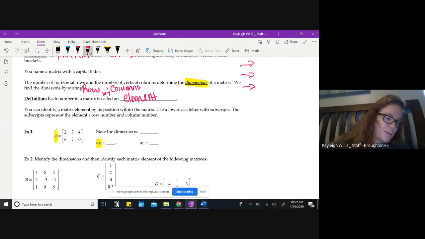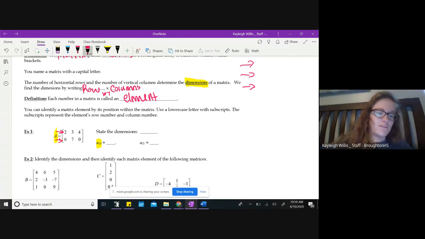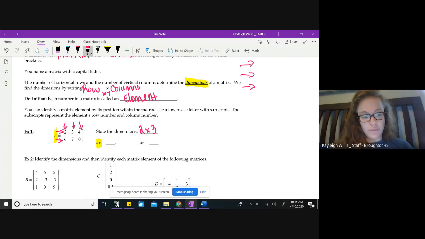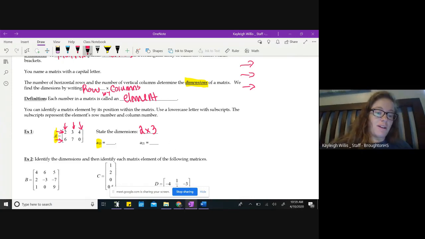So let's name the dimensions first. This right here is my rows. So I have 2 rows by 3 columns, 2 by 3. For matrix A, they want element 1,3. That 1 is the row, so I'm going to go to the first row, the top row.